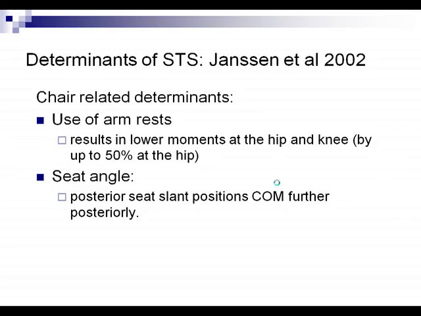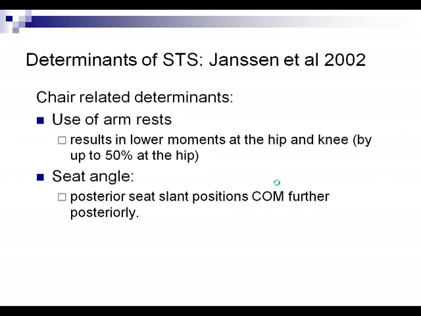However, how does it impact on a person's function if they're needing to push up from a chair? And is it always possible to use armrests? Think of perhaps situations where you might be sitting on something that doesn't have armrests. Also think about our hemiplegic patients who might not have the use of both of their arms. So armrests can be useful, but not in all situations.